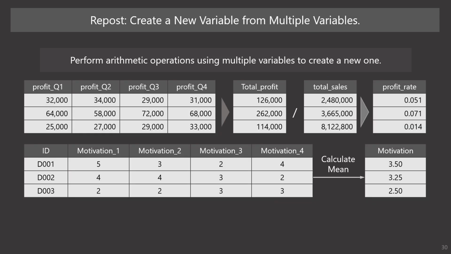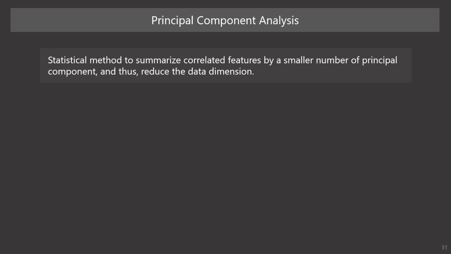As we have seen in the section on data transformation, we can create a new variable from existing multiple variables. This operation can be regarded as a part of feature extraction if it results in reducing dimensions. Principal component analysis is an advanced technique of feature extraction.